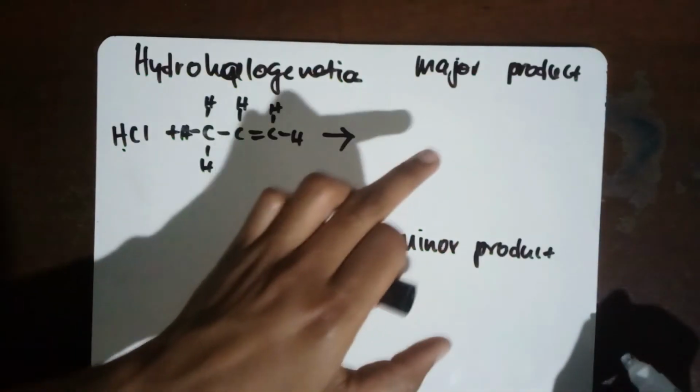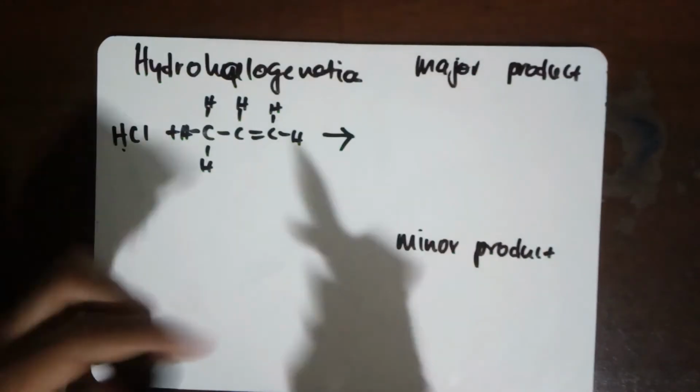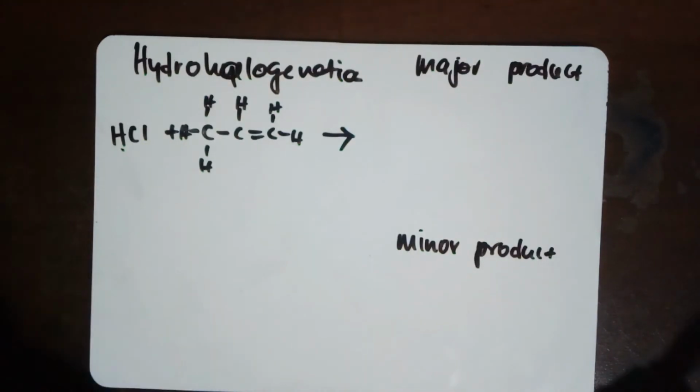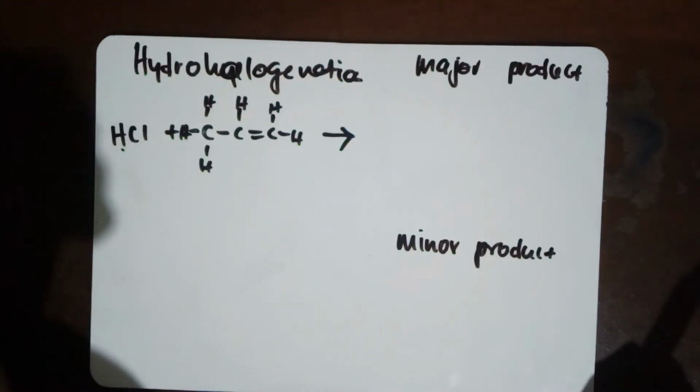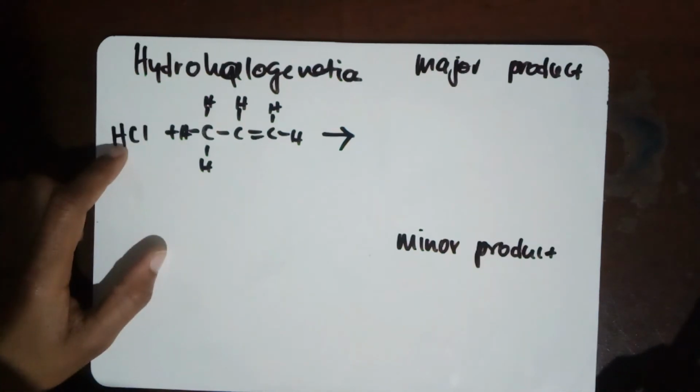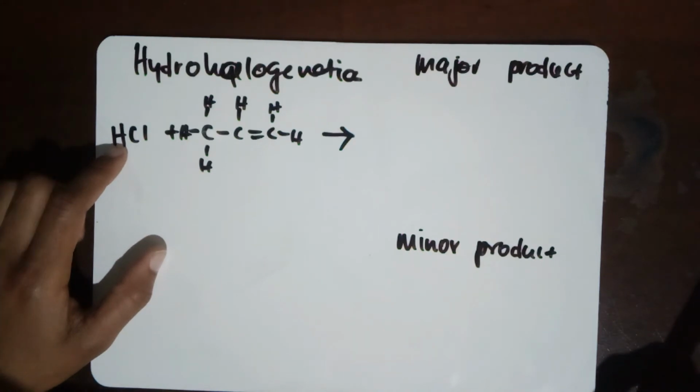And a major product is going to be formed when we make use of what we call Markovnikov's rule. I hope I'm pronouncing that right. Markovnikov's rule basically says that the H atom will bond to the carbon atom which has a greater number of H atoms.